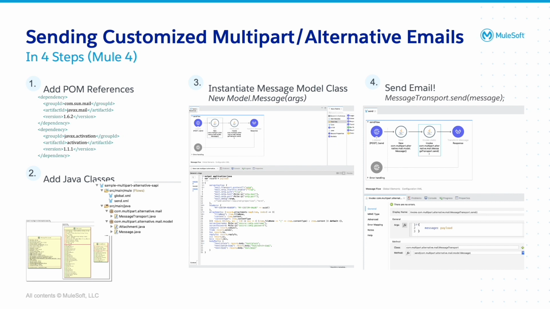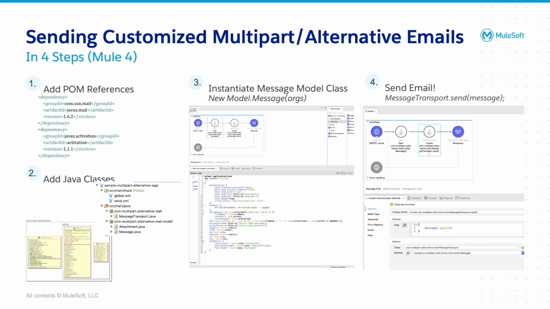As part of this demo, I'm also providing you three classes that could be used as part of your project. One class is used as a model class to help you instantiate a new email message that's going to include all the required properties, including subject line, recipient, BCC, CC, reply to, multiple body types, and attachments as well.